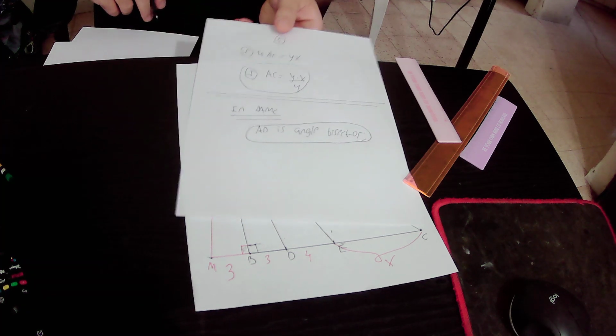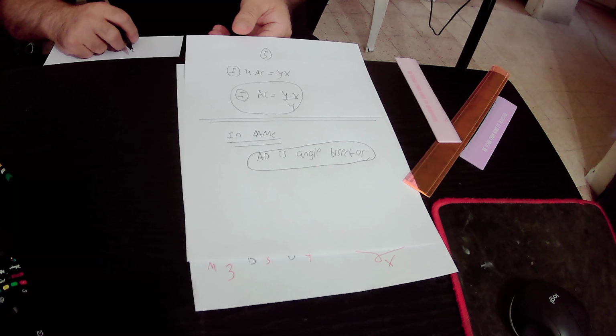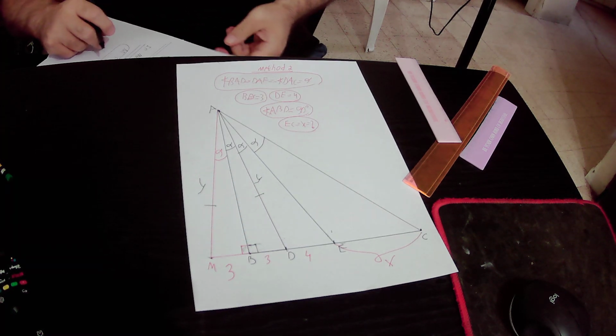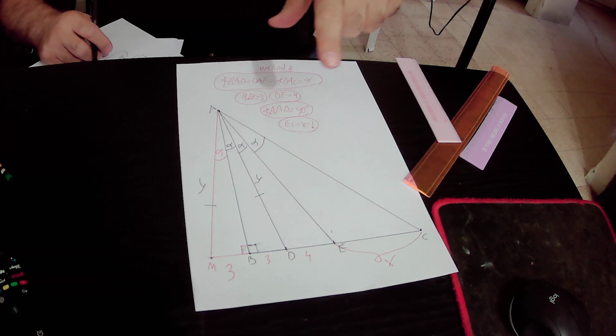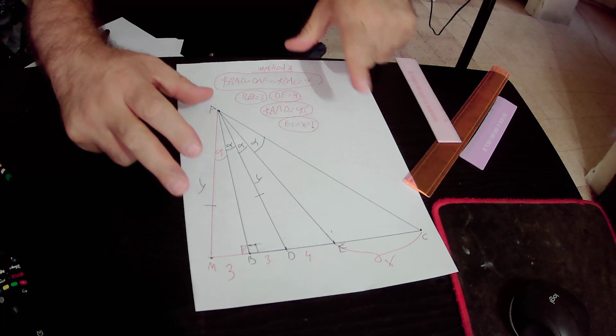Again, AD is angle bisector in the big triangle AMC. Why is AD angle bisector? Because AD divides angle AMC into two equal parts.